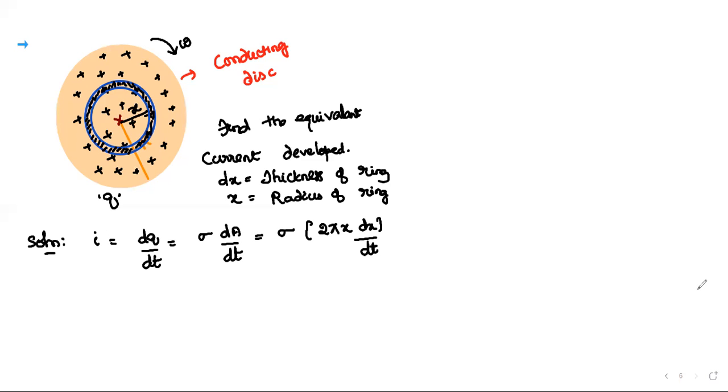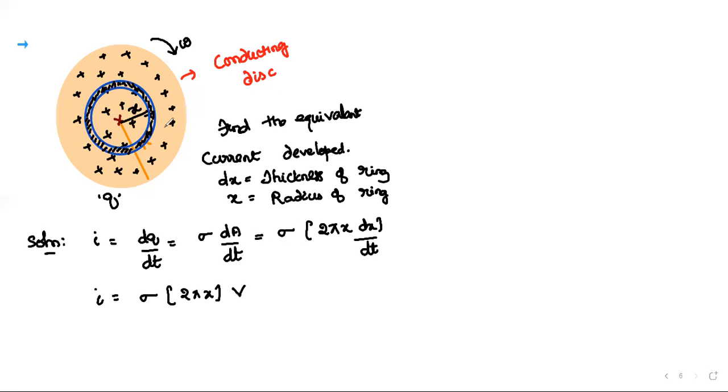Sure. Correct? Yes. So here I equals to what? Sigma into what? 2 pi x into dx by dt. That is V.